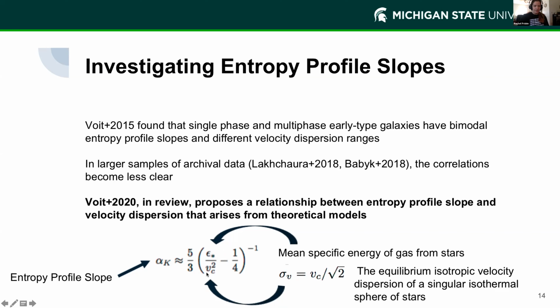And then V sub c squared here is an alias for the stellar velocity dispersion. In this case, the analytic model is applying to a singular isothermal sphere of stars. And so we see that the entropy profile slope is just dependent on this ratio and a couple of other factors.